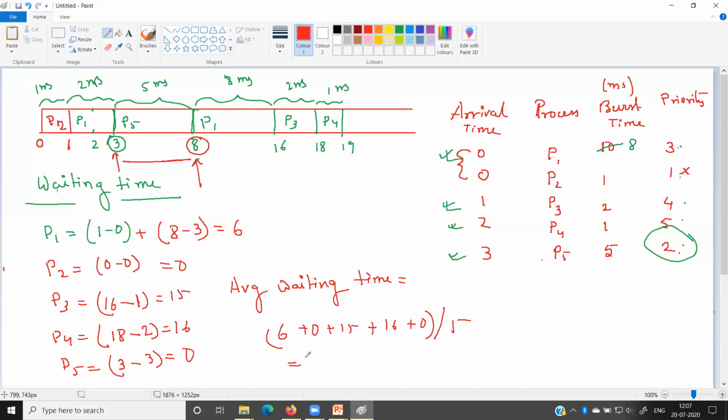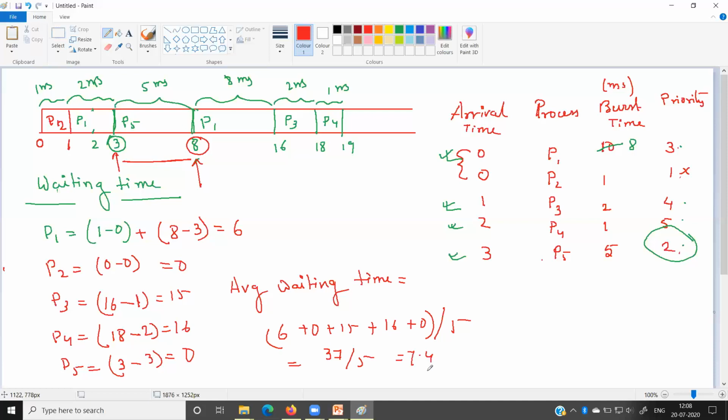Fine. So in this way you have to compute the average waiting time. 6 plus 0, where 0 is for P2, 15 is for P3, 16 is for P4 and P5 is 0. So it is overall 37 divided by 5. So your average waiting time will be 7.4.